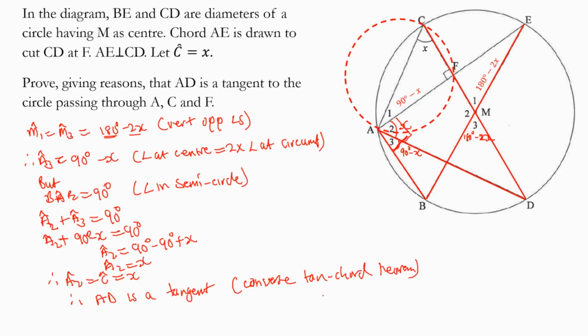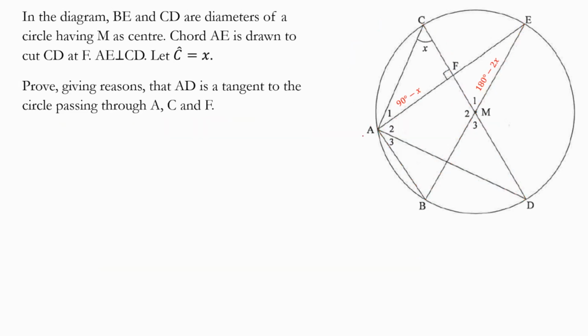And then let's try the fourth one. We still want to find if angle A2 is equal to x. We know that F is the center of AE, so AF is equal to FE. We talked about that in question 10.1.